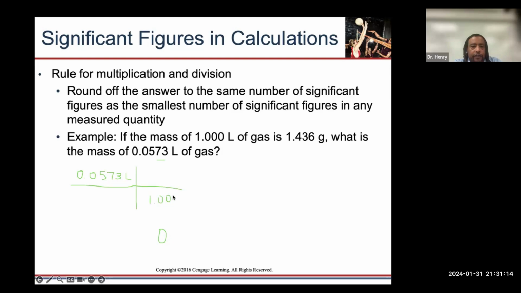So we know we have 1.00 liters, and then we have 1.436 grams. So the liters are going to cancel out. So this guy has 4 sig figs, this guy has 4 sig figs, and this guy has 3 sig figs. So what should be my number of sig figs that I have for this problem?